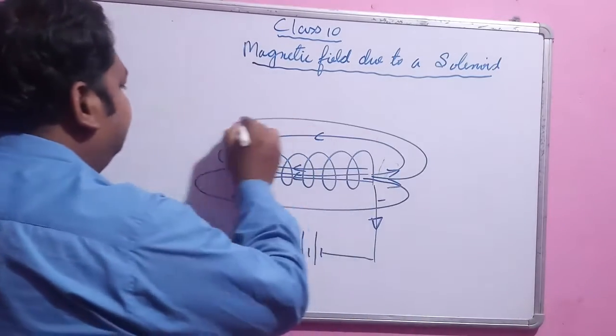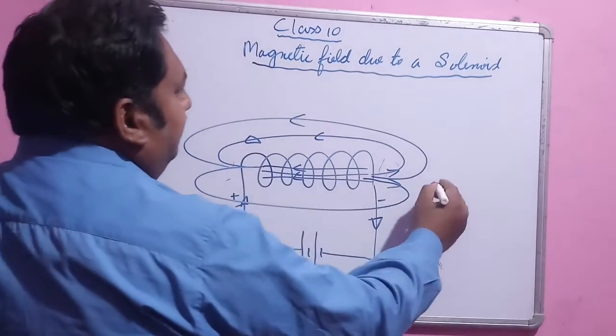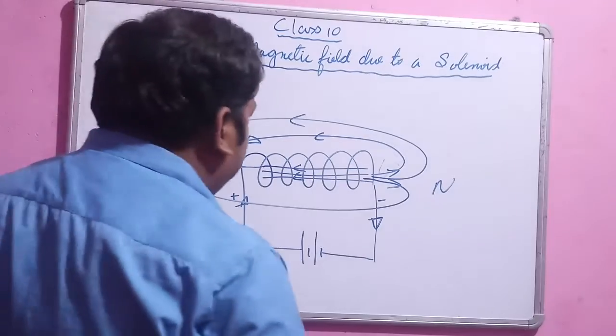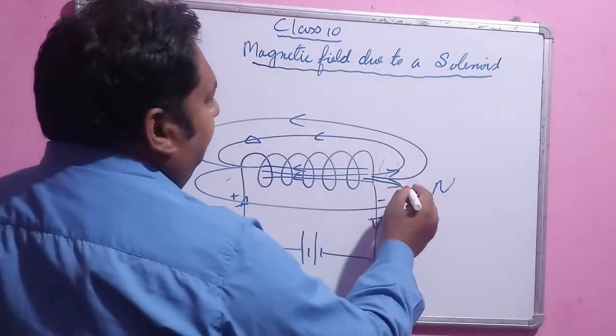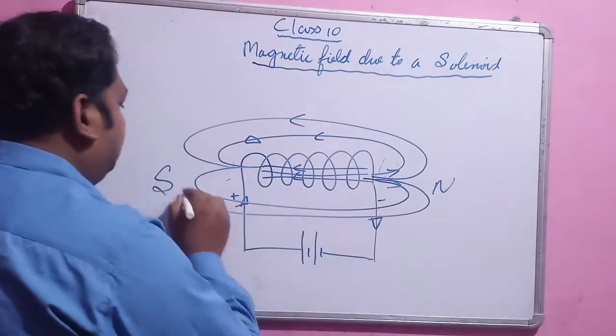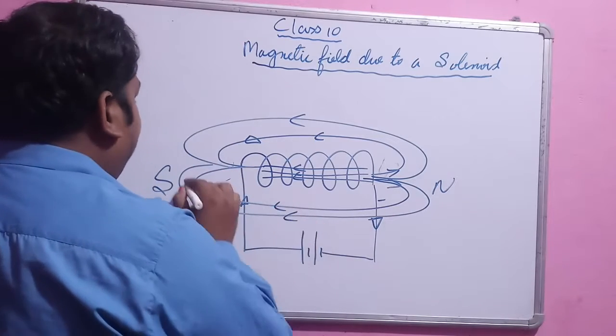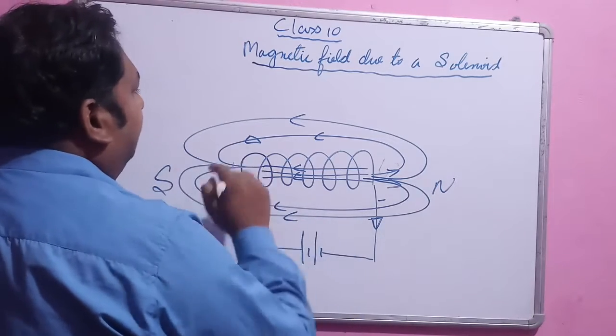So here this is the north pole and this is the south pole. It develops a polarity.